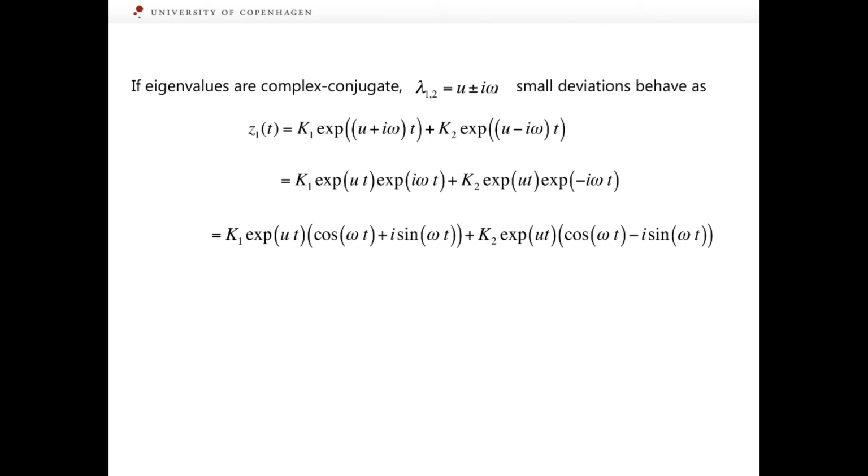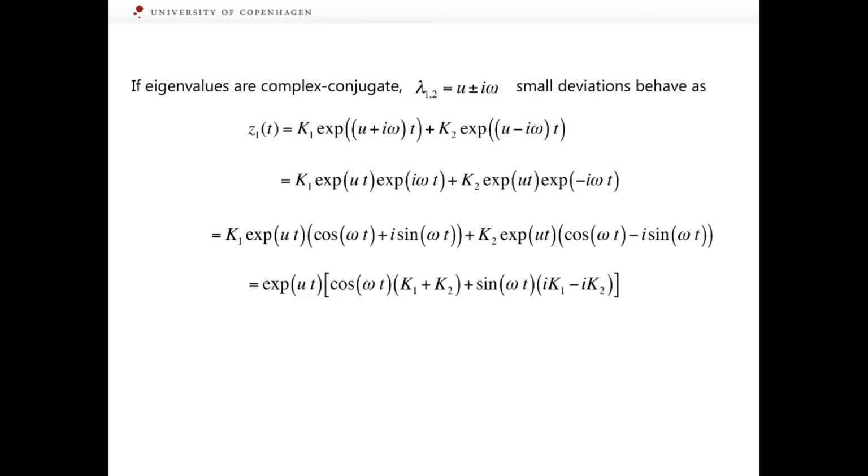We observe that in this expression there is a common factor, exponent to ut. Let us take this factor outside the bracket and obtain this expression. We observe that inside the bracket we collected terms with a common factor cosine and the terms with a common factor sine.